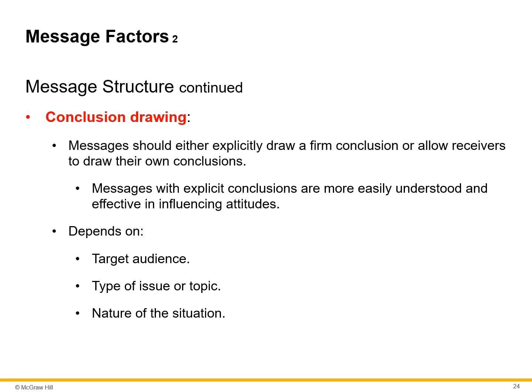Messages with explicit conclusions are more easily understood and effective in influencing attitudes. Also, this depends on the target audience, the type of issue or topic, and the nature of the situation. But draw a firm conclusion or allow them to draw one.